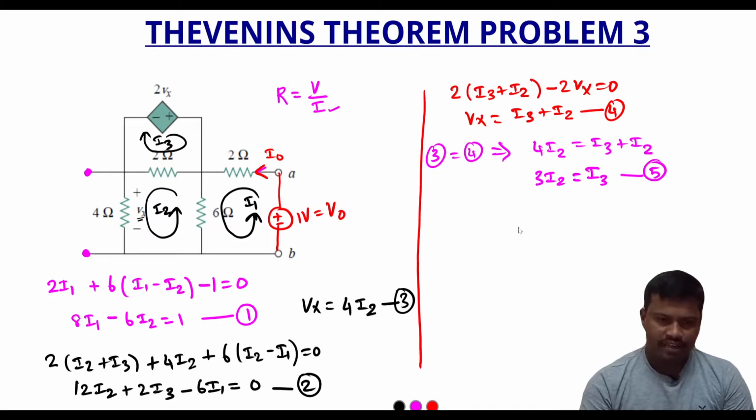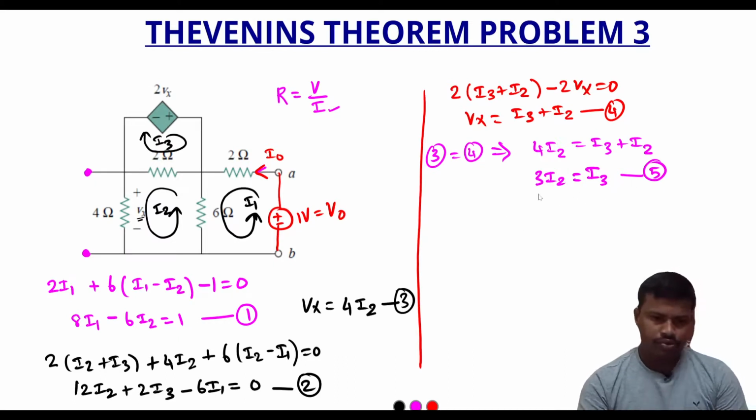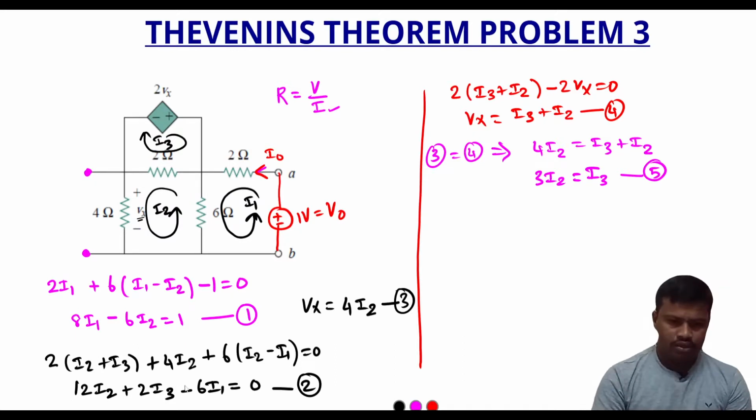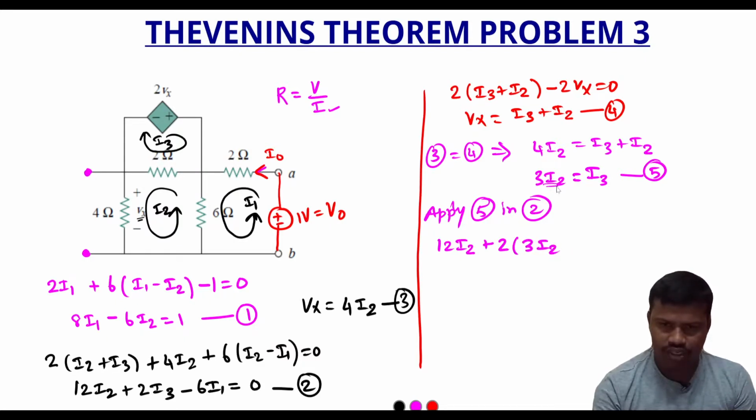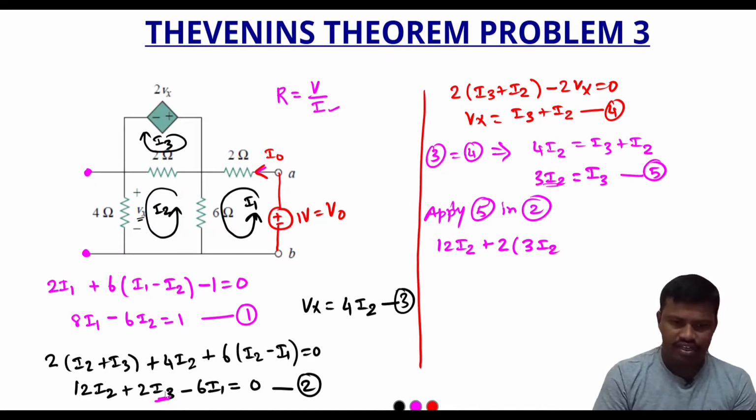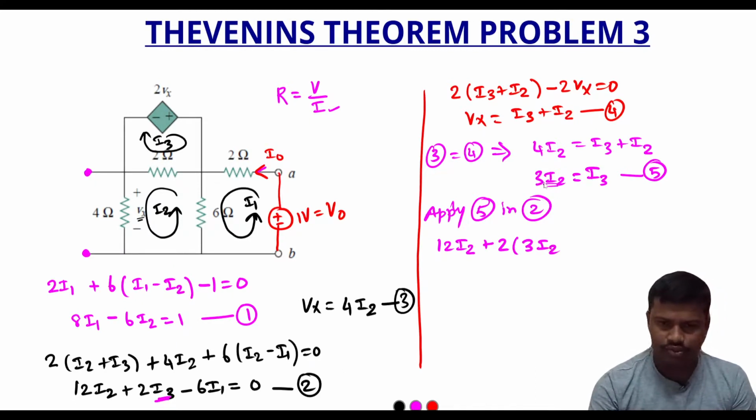Now we apply equation 5 in equation 2. So the equation will become 12I2 plus 2 into 3I2, because I3 is equal to 3I2, we apply the value of I3 here, minus 6I1 is equal to 0.